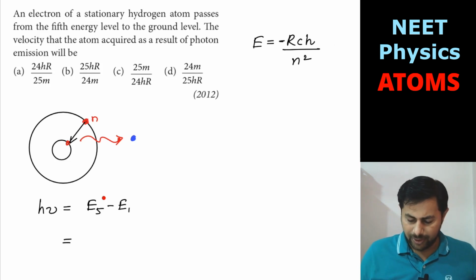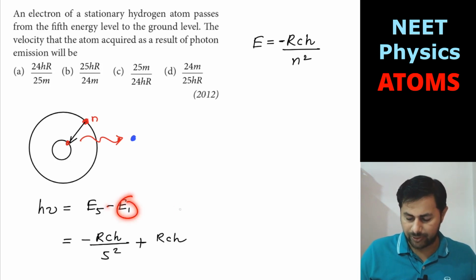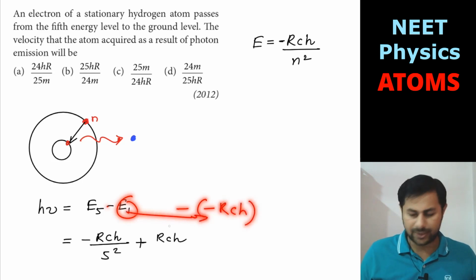For the fifth orbit, it will be minus RCH divided by 5 square, and E1 is just minus RCH. This minus minus becomes plus.